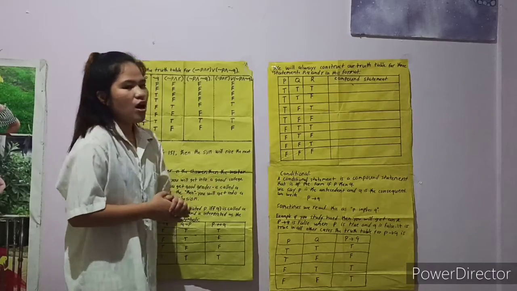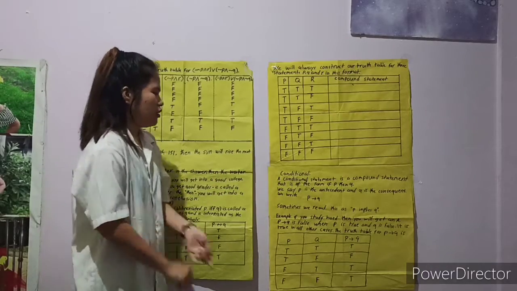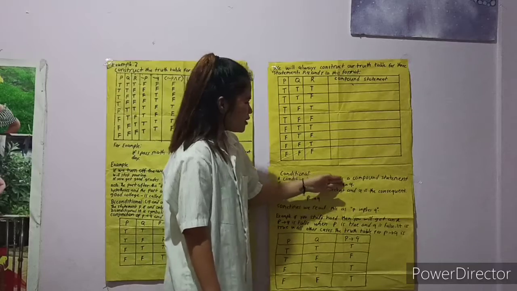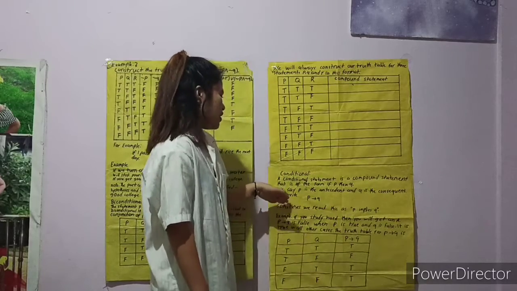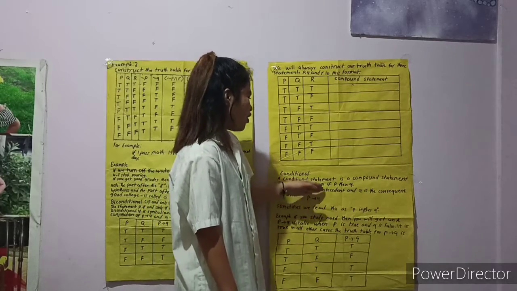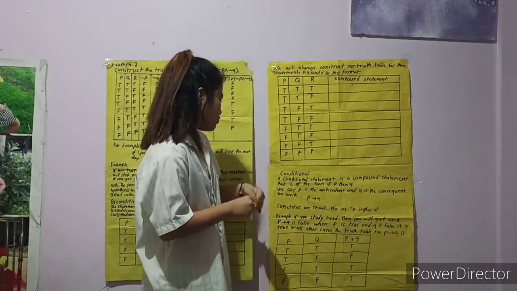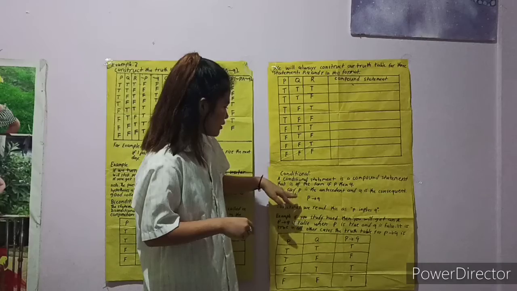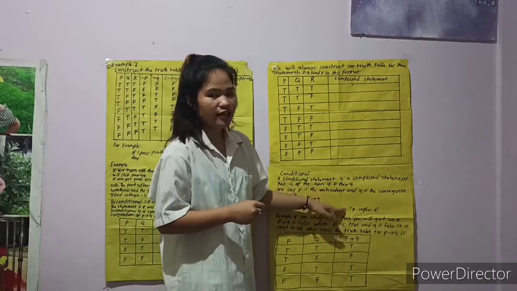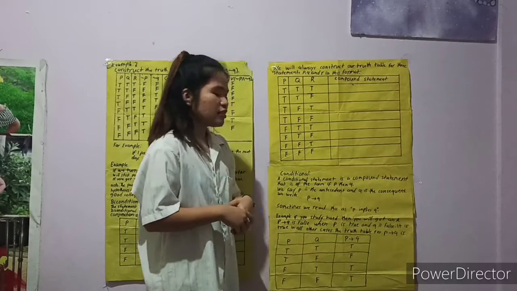And next, we have to tackle conditional. A conditional statement is a compound statement that is of the form if P, then Q. We say that P is the antecedent and Q is the consequent.